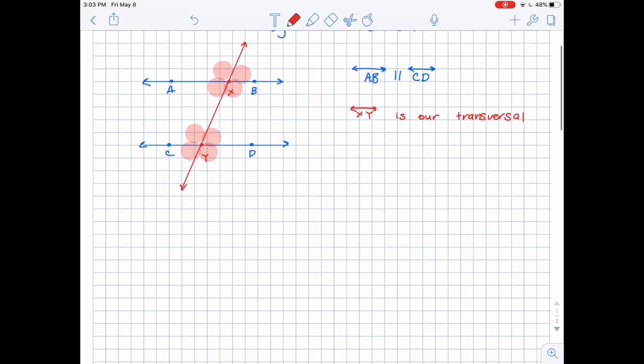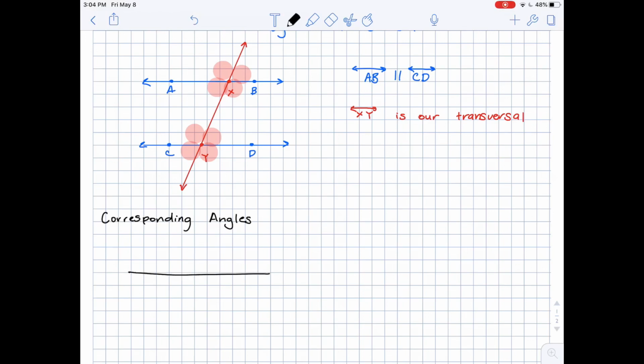So, first thing we're going to look at: corresponding angles.